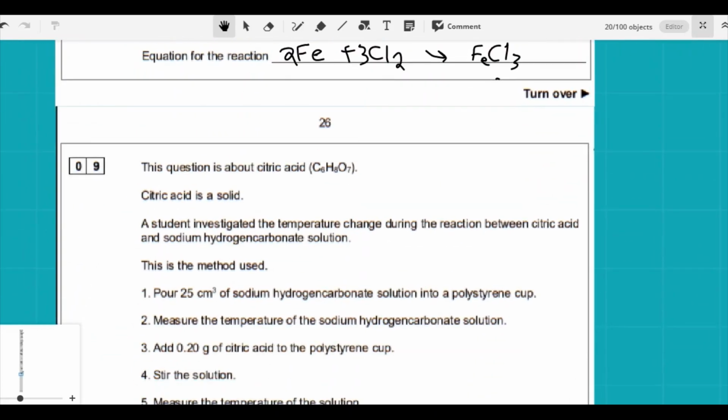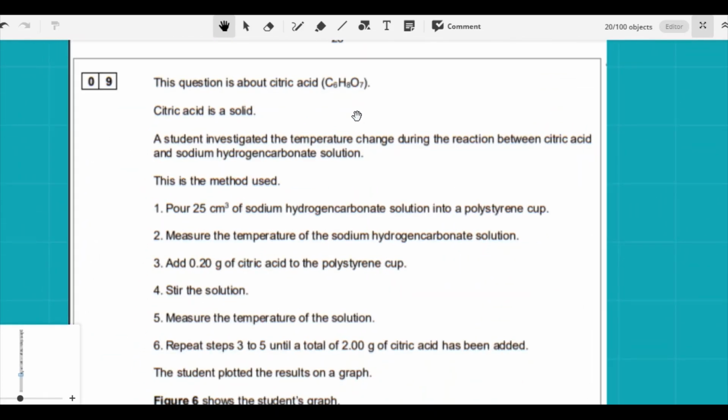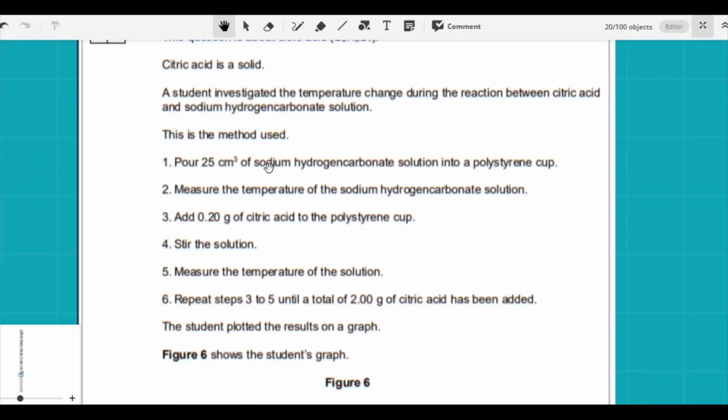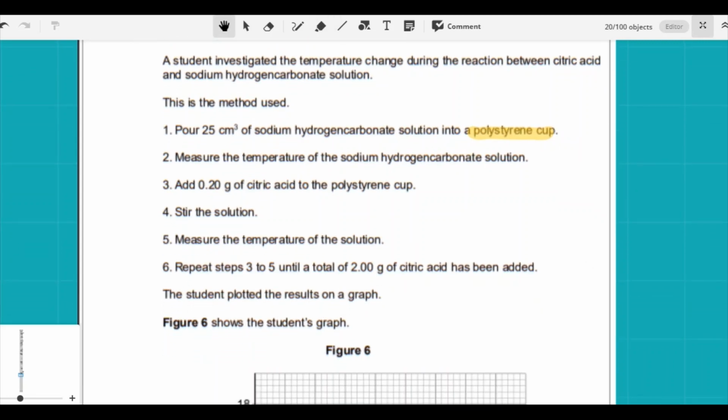Okay, now the next one, this question is about citric acid. So citric acid is a solid and there is information present, so you can read this. Okay, so that reaction was done in the polystyrene cup, and remember that polystyrene cup is used for exact measurement of the temperature, because it acts as an insulator.